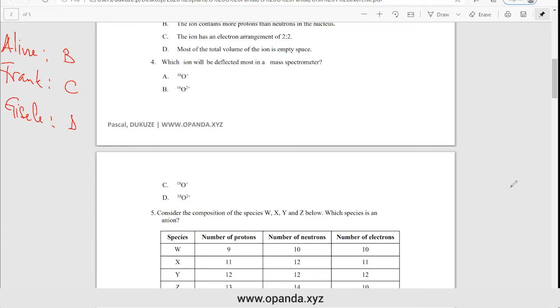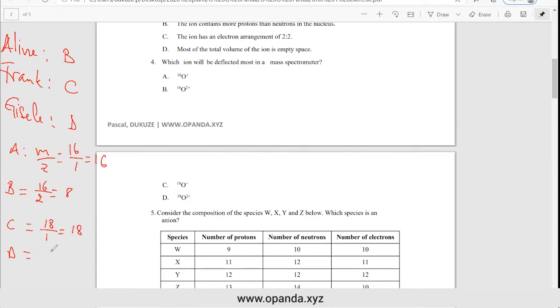Adding on the explanation I gave before, let's first calculate the mass to charge ratio of every ion. On A, it's 16/1, which gives 16. Then on B, it's 16/2, which is 8. C is 18/1, which gives 18. Then on D, the mass to charge ratio is equal to 9, which is 18 divided by 2.